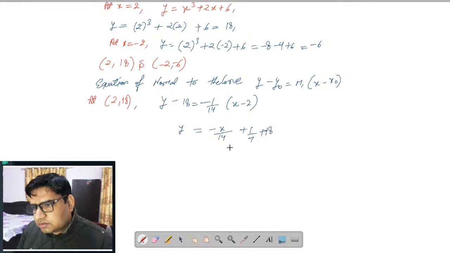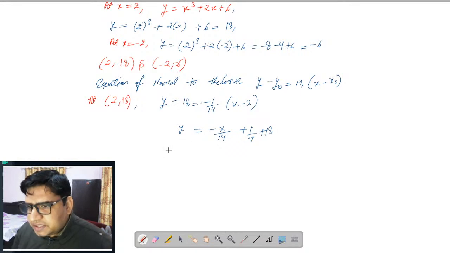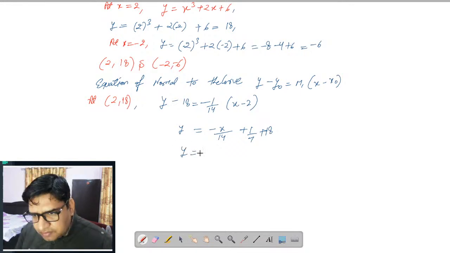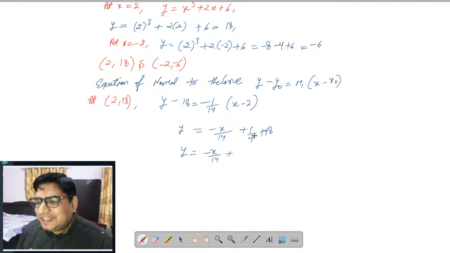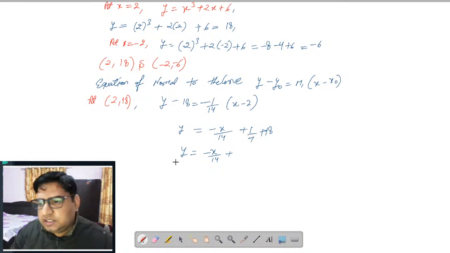Okay, and y will be equal to minus x by 14 plus 18 into 7 plus 1 upon 7. 18 into 7 is how much? 18 fives are 90, 108 and 126.